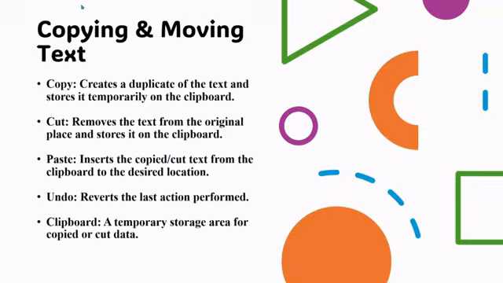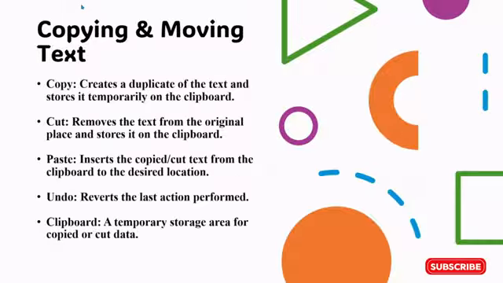Paste inserts the copied or the cut text from the clipboard to the desired location. So when you've copied, you've made a duplicate of your text, or when you have removed the text from its original place, then the paste option is what you use to insert that which you would have copied or cut to the desired location.